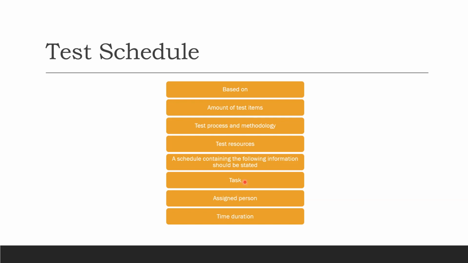So say the smoke test is supposed to run for about 20 to 30 minutes, depending, right, if it's automated. Those are the things that you note here. The task is smoke test. The assigned person will be Maria. The time duration is going to be 20 minutes.